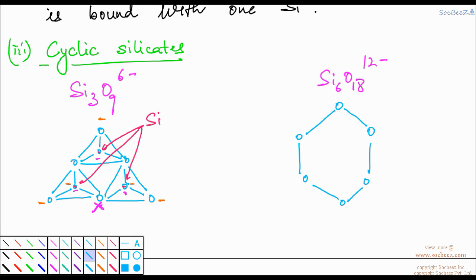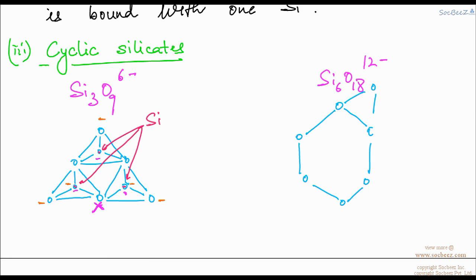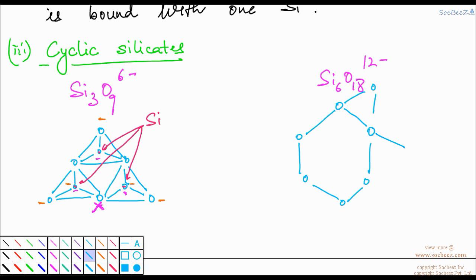Okay, this is a hexagonal ring, and the oxygen atoms are like this. Okay, and the silicon atoms are present.